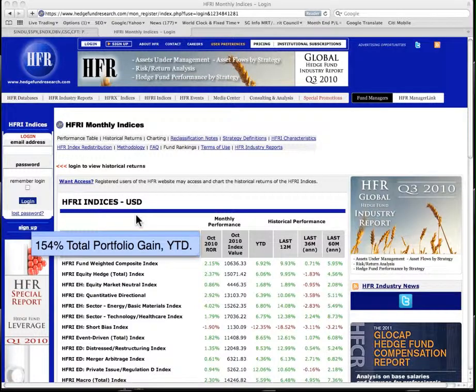Now let's compare the retail portfolio's gains of 154% against professionally run hedge funds. Hedge fund research specializes in the areas of professional index trading and analysis of institutional hedge funds.